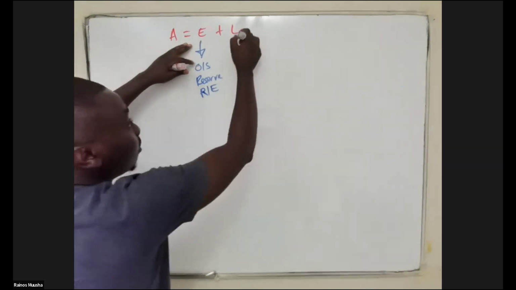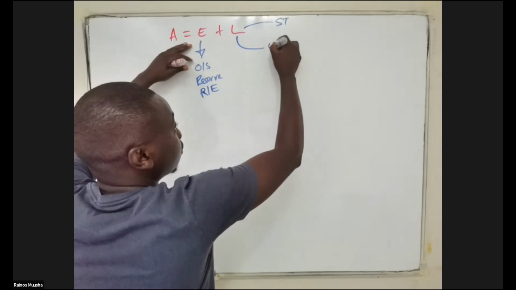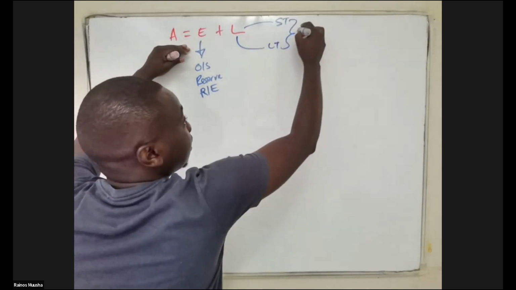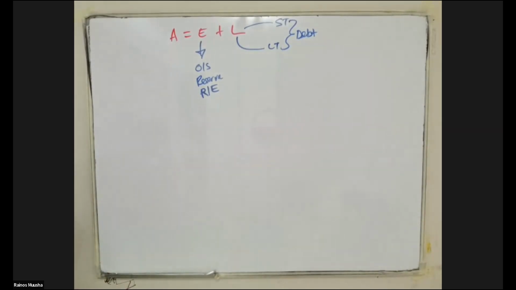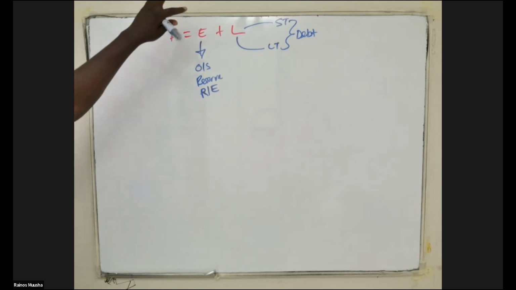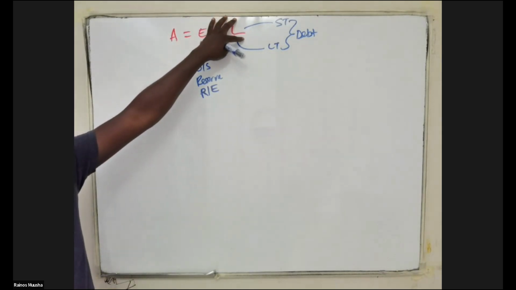And when you look at liabilities, this is where we're looking at either your short-term liabilities or your long-term liabilities, which is basically debt financing, right? So to finance these assets, which are going to be generating income and returns for us, we're either going to get financing from equity or financing from liabilities.